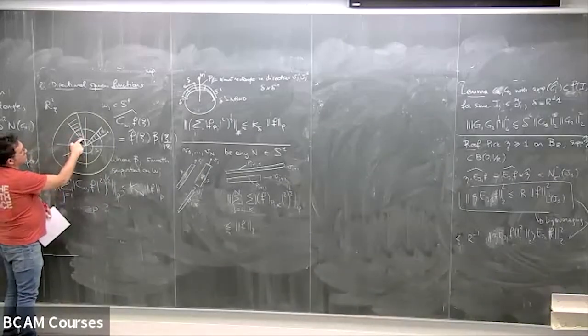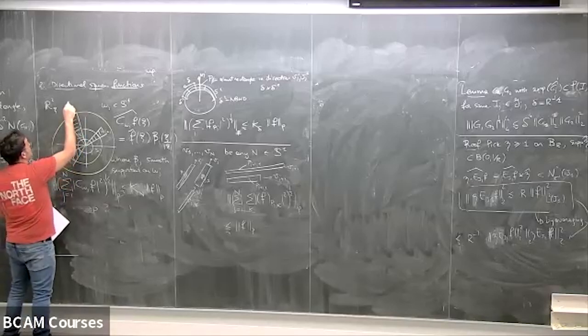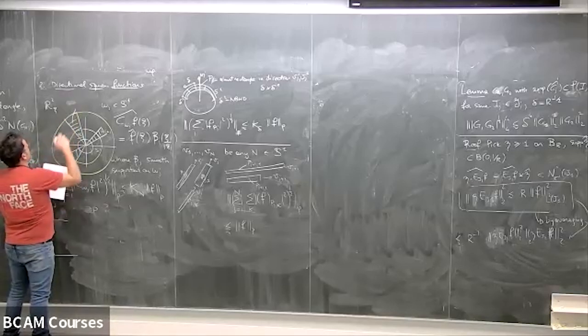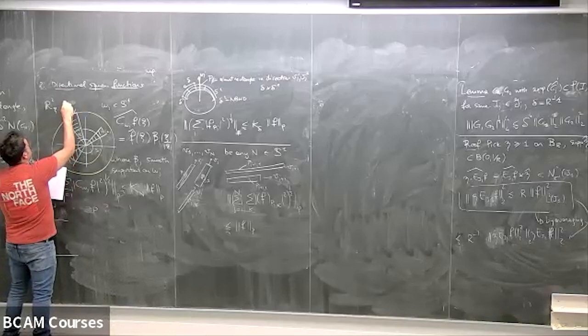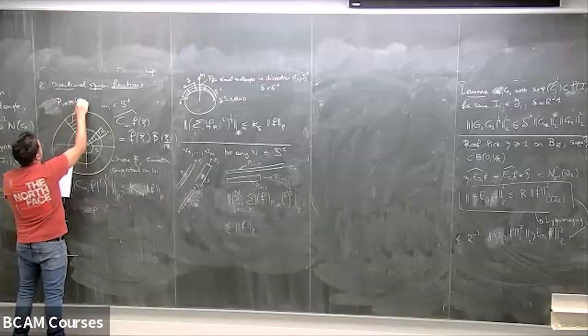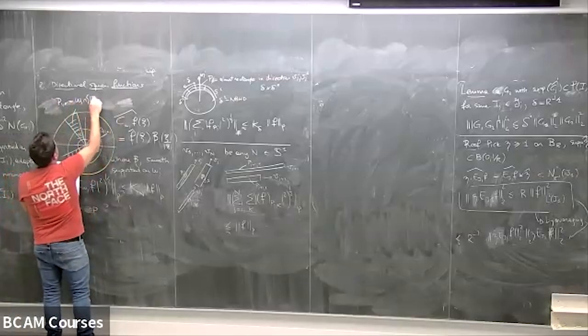Now each cone is also decomposed into a union of little pieces, and I'm going to denote by PJK the intersection of the cone omega J with the little Paley annulus LPK.